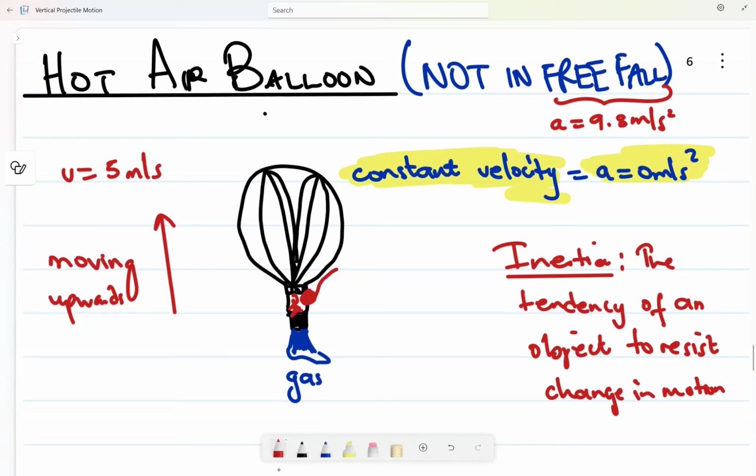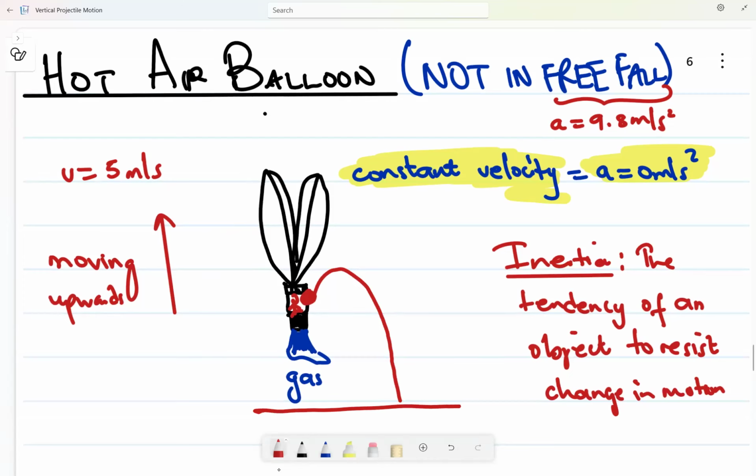Immediately after the stone is dropped, it is moving under the influence of gravity, but it will move upwards a little bit on its own due to the inertia it has. Then it will do what? It will move upwards a little bit and then it will go to the ground like that. This is what happens.